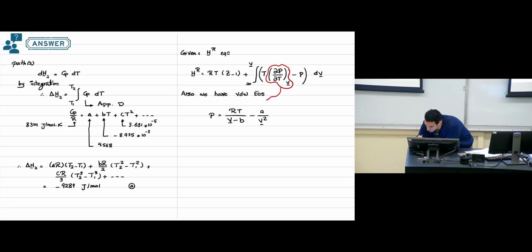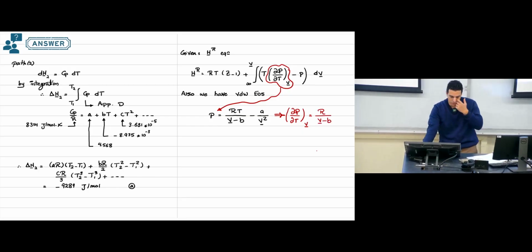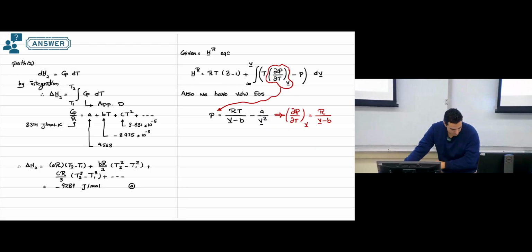From this one we will see dP by dT, sorry, will be R over V minus B. We just integrate this pressure equation with respect to temperature.